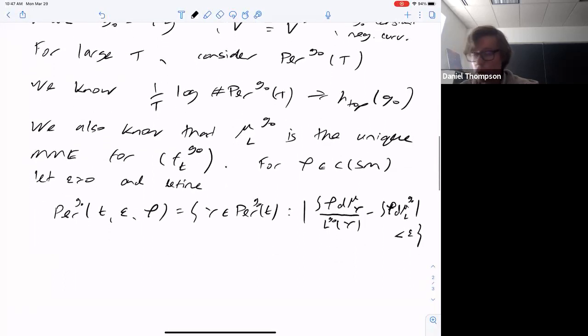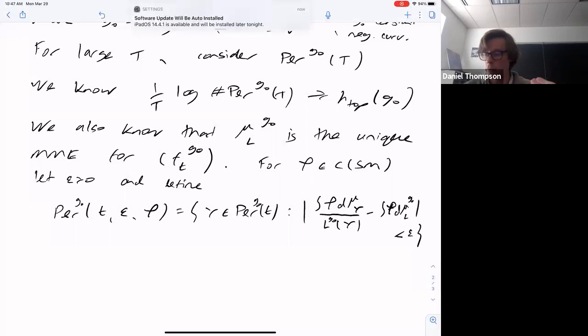So we're going to look at all the individual closed geodesics such that you average the observable on the geodesic, and what you get is close to the integral with respect to Liouville. Of course, by the ergodic theorem, for almost every point you're going to get this convergence.